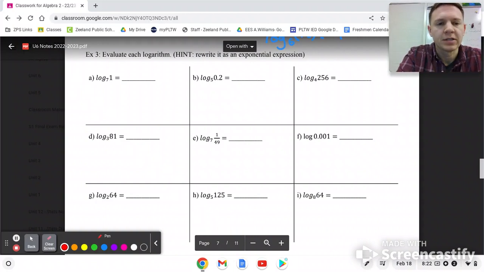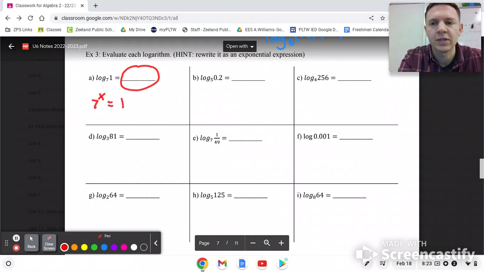In this case, the base is 7 raised to, well, we don't have anything over here yet, so I'm just going to write an x there. 7 raised to something equals 1. Well, anything raised to the 0 power is 1. So 7 raised to the 0 is 1.